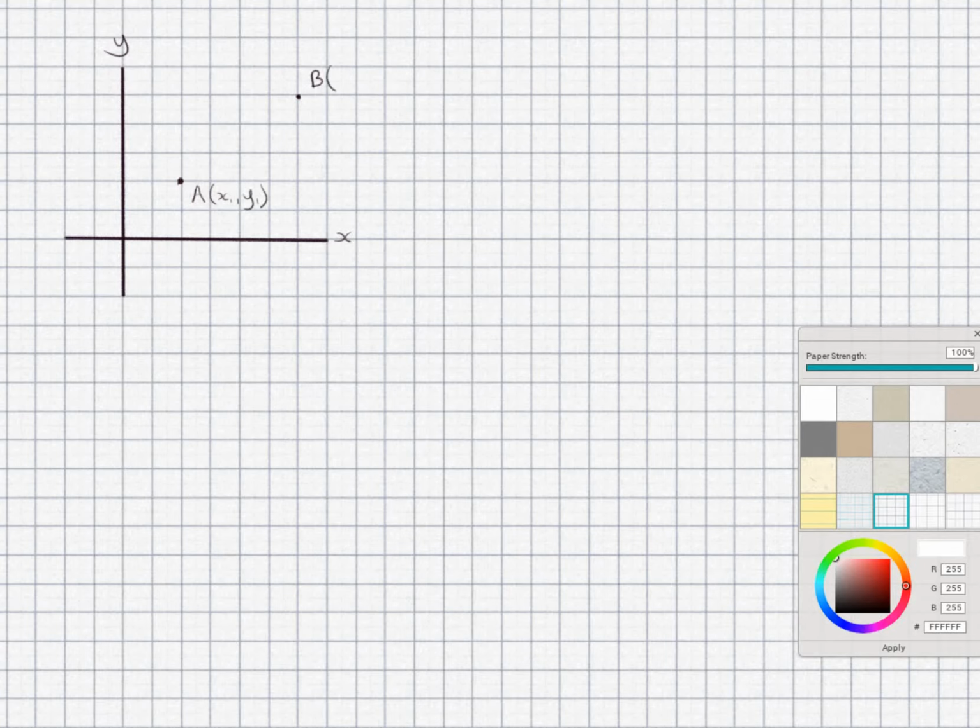And B is our second point, so we'll call it (x2, y2). If we join these 2 points, we form our straight line, AB.